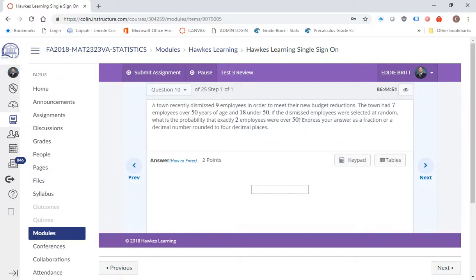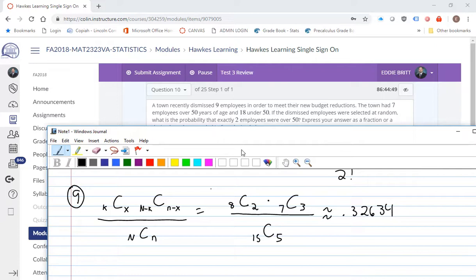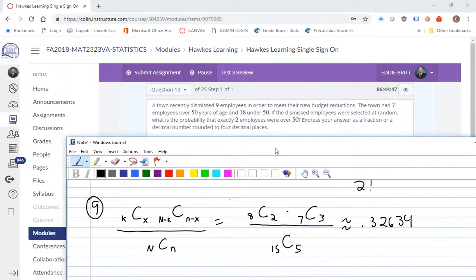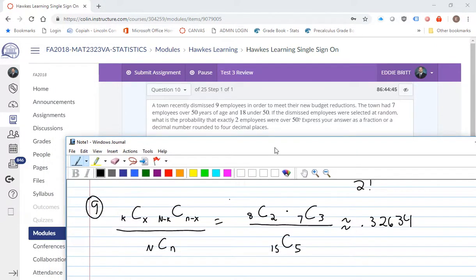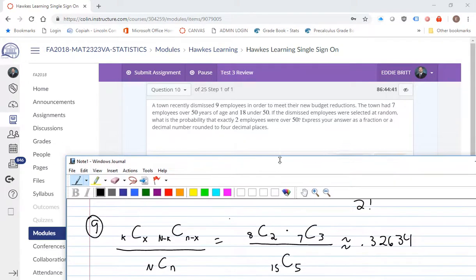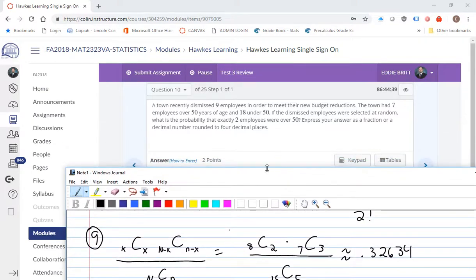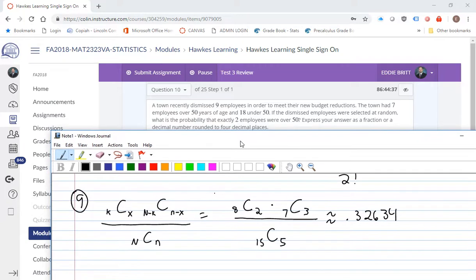so we're going to use the same formula that we used on number 9. So we're wanting to know, we got a couple of key things in here, exactly 2.